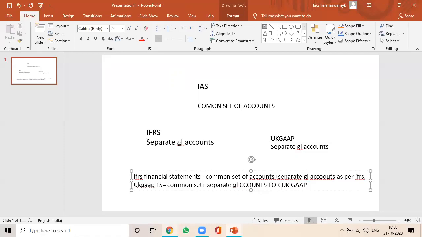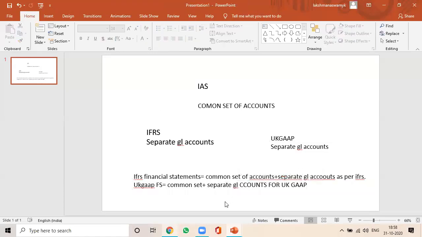What you are doing there, you are keeping the cursor on every heading and clicking on assign GL accounts. There you are assigning the account numbers. During that assignment, you can assign the separate set of GL accounts also: a common set of GL accounts and an exclusive set of GL accounts according to your specific accounting principles. But generally, we don't use this accounts approach. Clear for everybody till now?